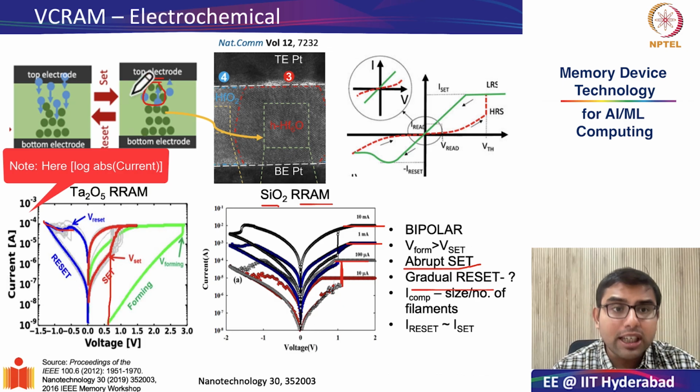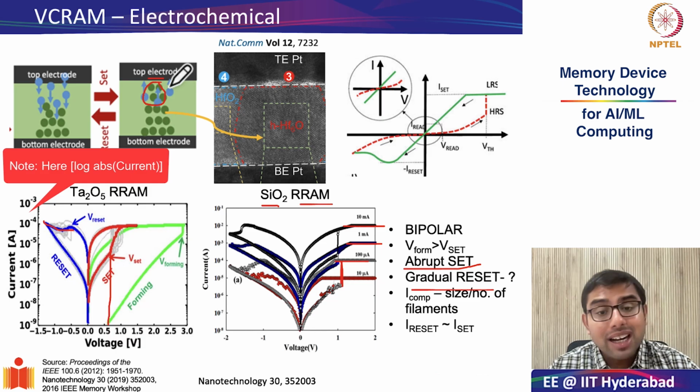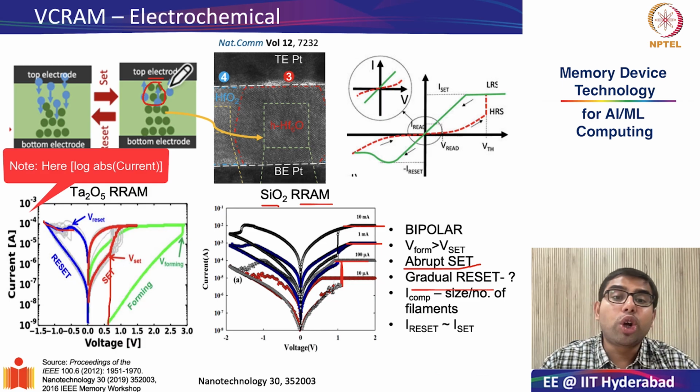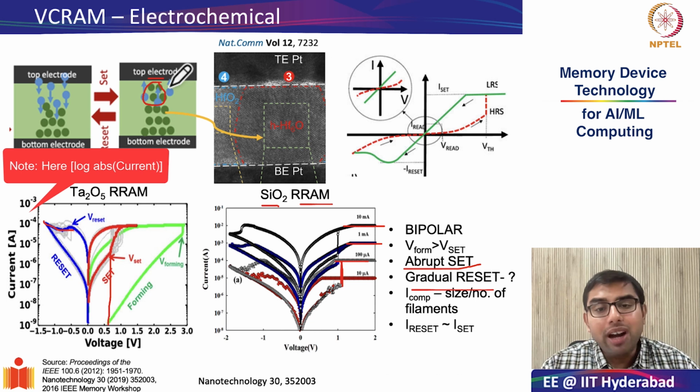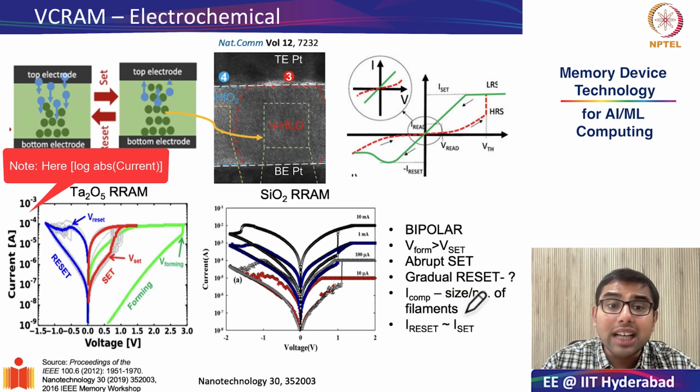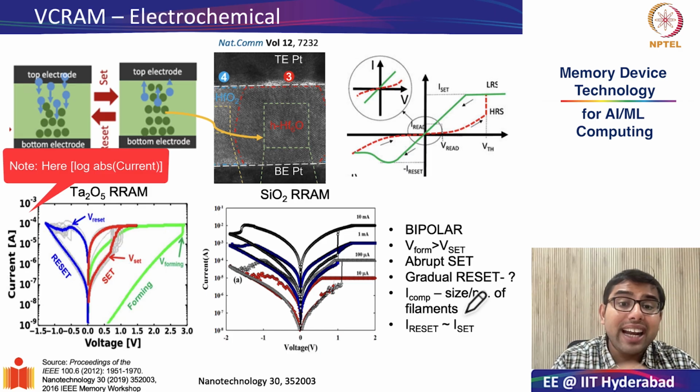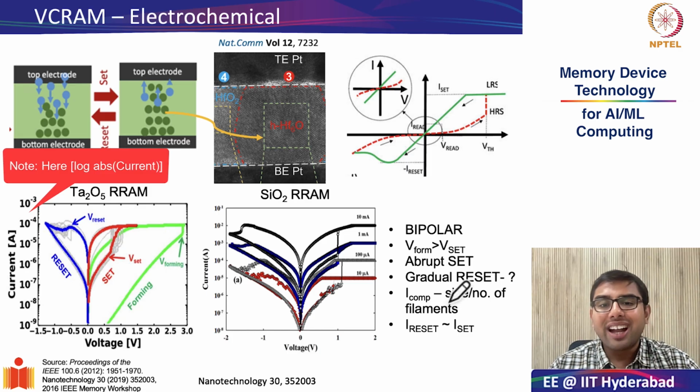In the simplistic picture here, we had shown that there is only one filament, but throughout the area of the top and bottom electrode cross-section, there can be one or multiple filaments. So what the compliance current essentially does, apart from ensuring there is no hard dielectric breakdown, is that it also controls the size and number of filaments.